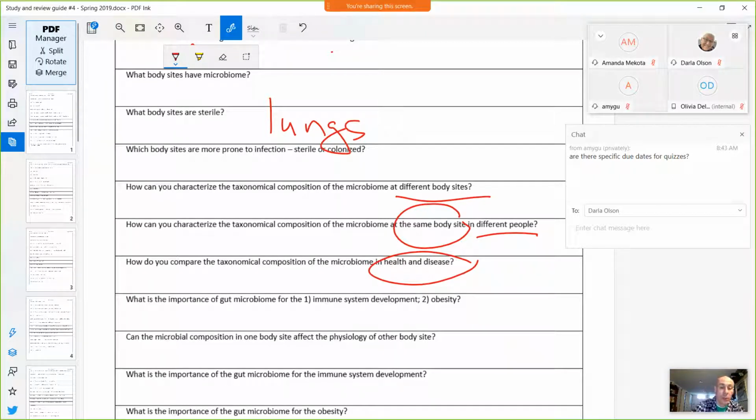So importance for the immune system development or obesity, I talk about it in the lecture, but the point is, we know that alterations to the microbiome, say from antibiotic treatment, alter the development of the immune system and may lead to autoimmune disorders. In obesity, the microbiomes of mice or humans who are obese versus mice or humans who have normal weight, microbiomes in the gut are different.